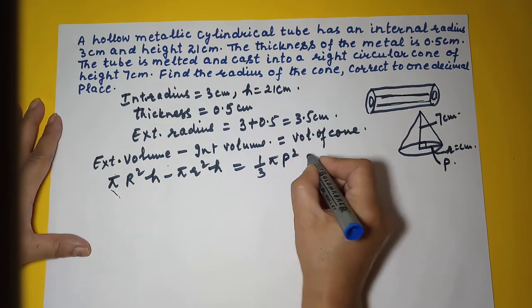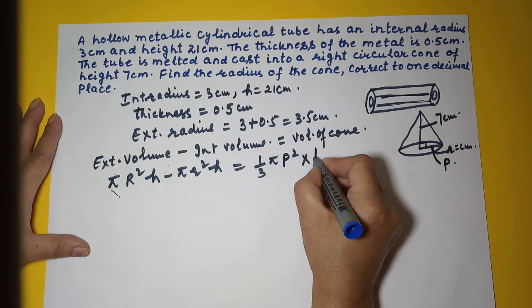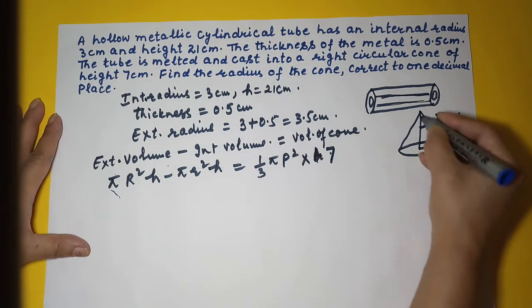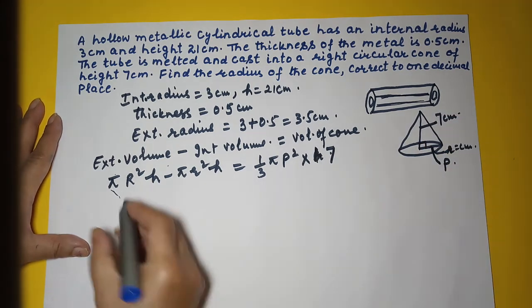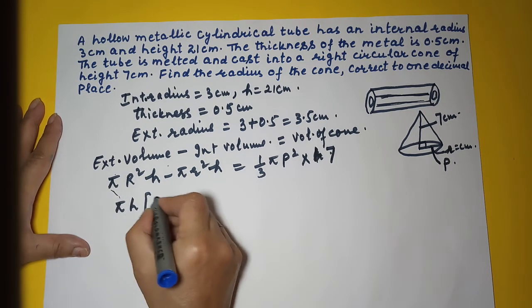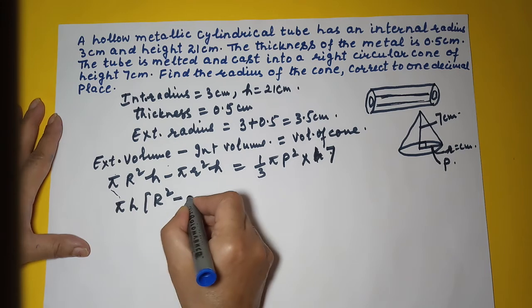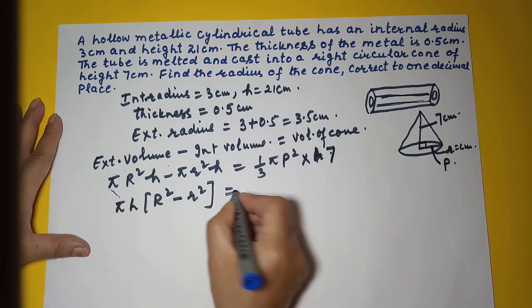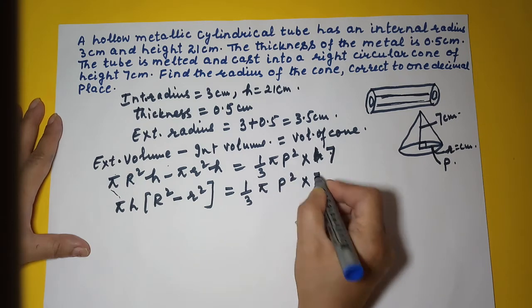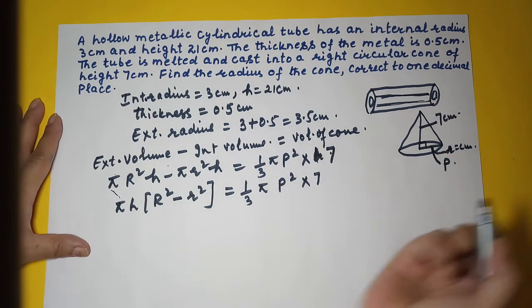So p square into h. In place of h we can write 7 because the height of this cone is given. Now we can take pi and h common, and inside we have R square minus small r square equal to 1 by 3 pi p square into 7. p is the radius of the newly formed cone.